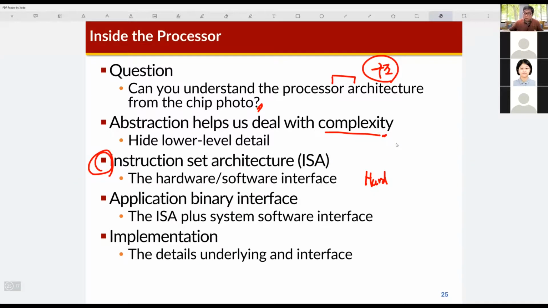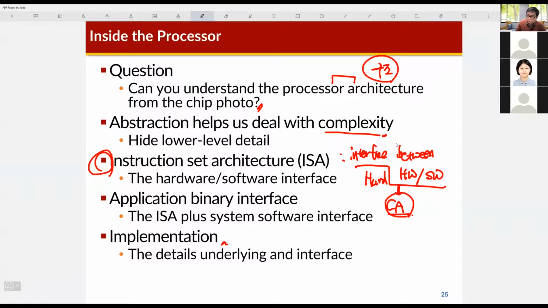We just reveal the interface between hardware and software. So this interface between hardware and software is the world of computer architecture. The detailed implementation, digital design, analog design and semiconductor design is also hidden to the computer architecture.